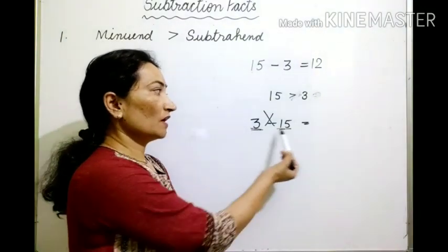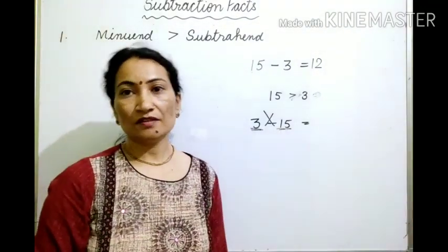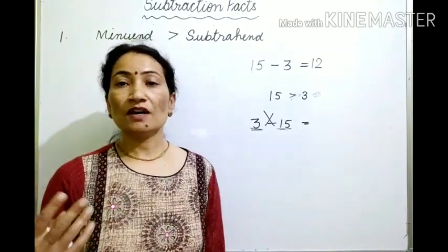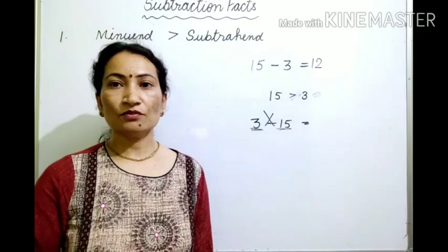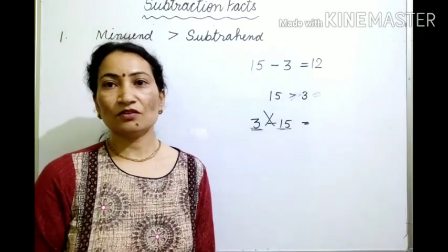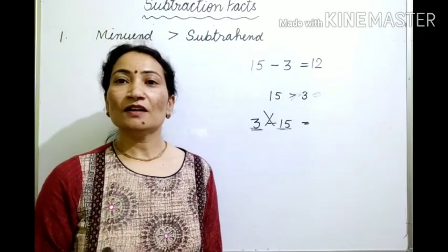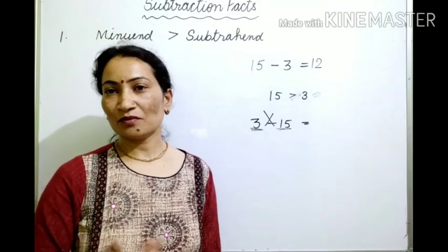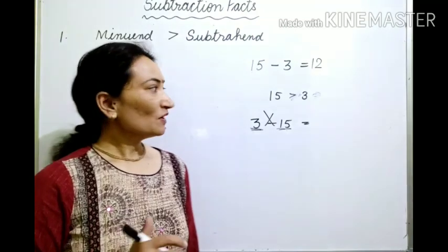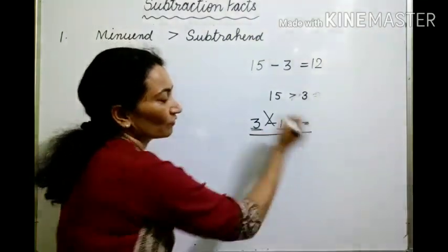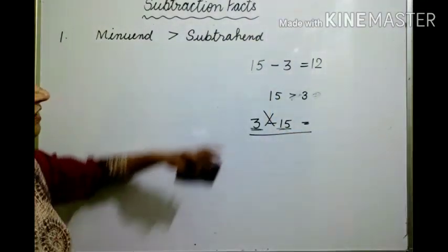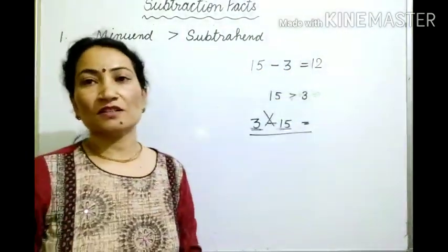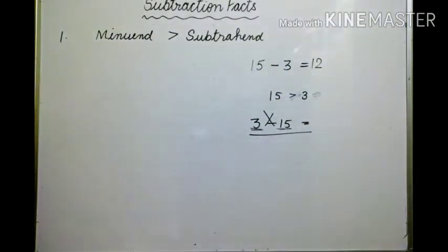As 3 minus 15 is not possible, we have 3 things and we have to give 15. Suppose we have 3 toffees and we have to give 15. It is not possible. We have to take more toffees from the canteen or market or from our friends. So always for subtraction we take the greater number first, then the smaller, then subtraction is possible. That is the first subtraction fact.